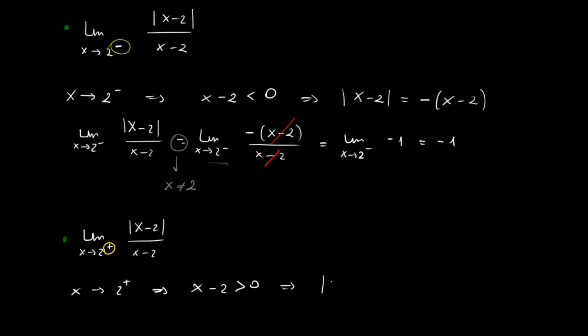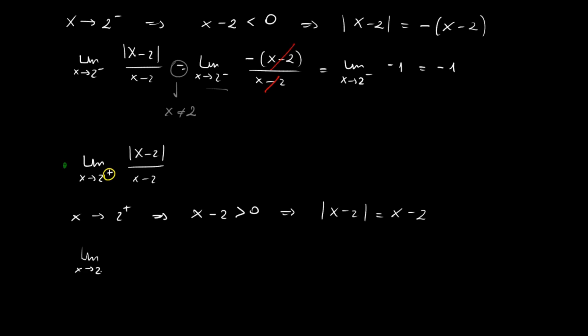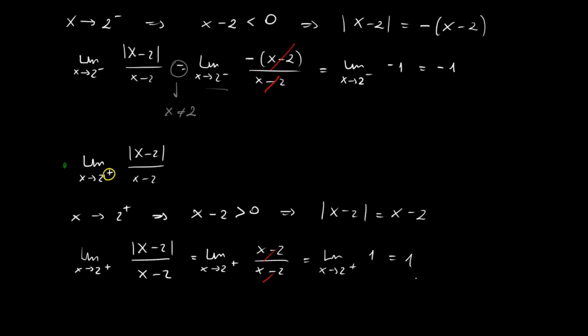So then this implies that the absolute value of x minus 2 is actually x minus 2. So we can again calculate the limit. We know the value for the absolute value, that is x minus 2. And we can cancel these two terms out because of the same reason we gave before. And so we're calculating the limit of 1. And this limit is just 1.